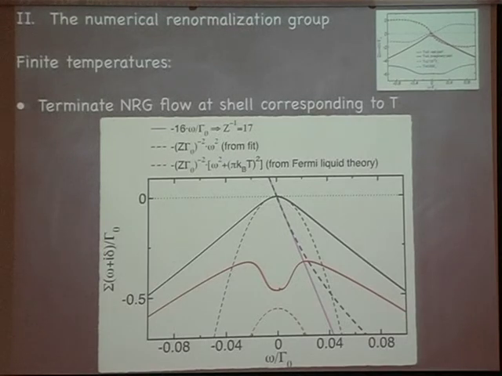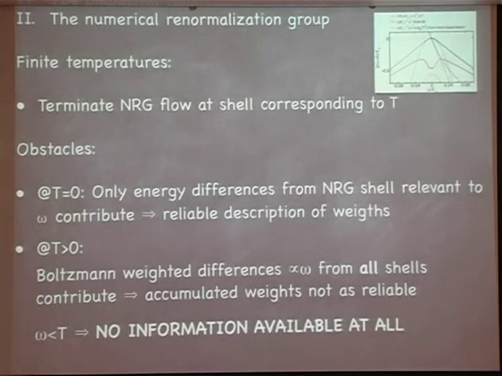And that's what Antoine meant a few days ago, that calculating transport properties, you must get that shift right, otherwise you're in trouble. That tells you NRG is quantitative at T equals 0, beautiful. For finite temperatures, careful. And the reason is that only the energy differences of one energy shell are relevant. So you have a reliable description of weights at T equals 0.